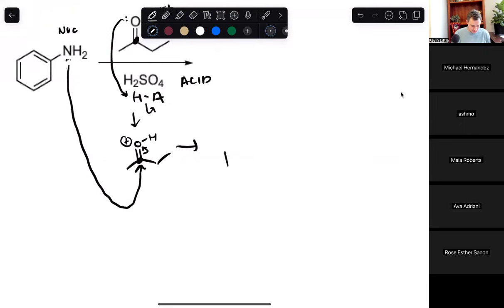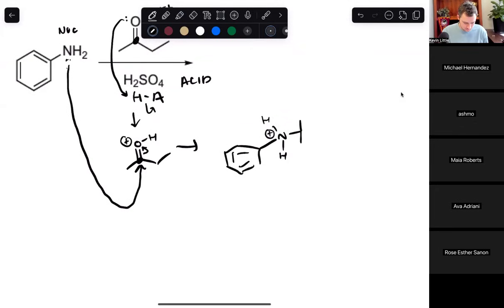Then at this point, it's just counting electrons, making sure that I have all of my atoms in the right place. One thing I like to do is to number my atoms, make sure that I connected the right thing to the right thing.